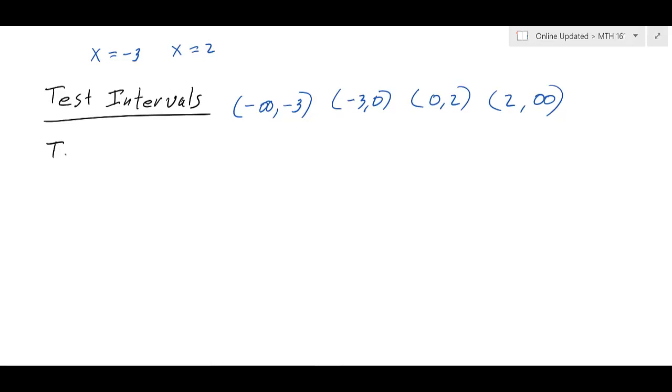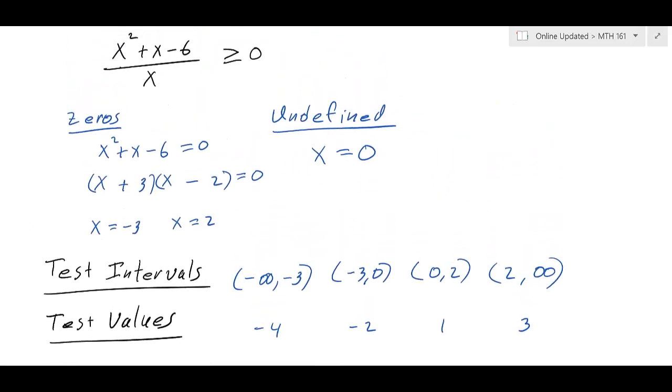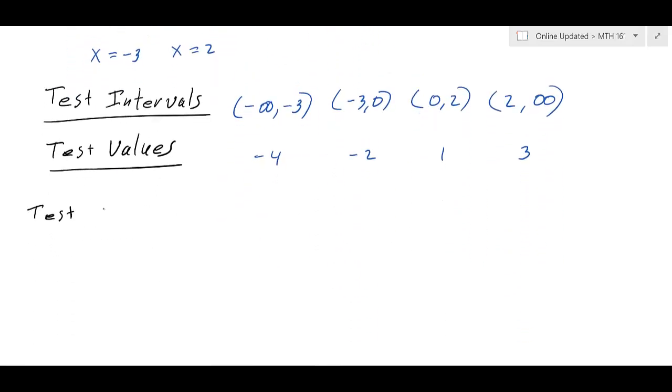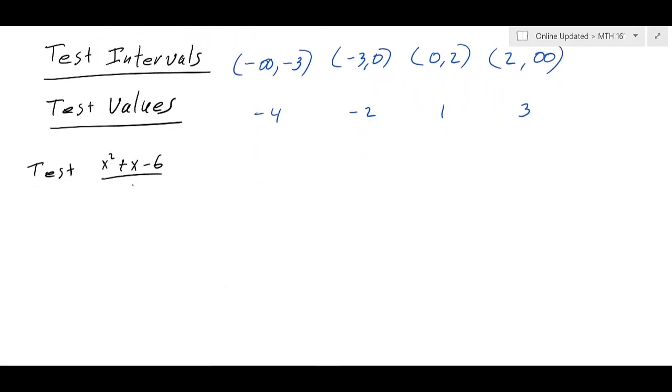Next, we want to pick our test values. And again, I picked the smallest that we can, so negative 4, negative 2, 1, and 3. In this case, what are we trying to test? We want to find out the value of this expression, x squared plus x minus 6 over x.